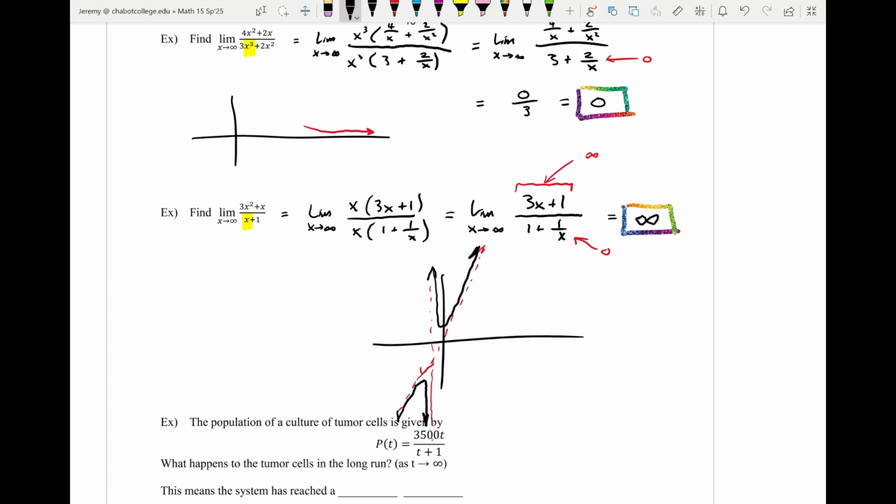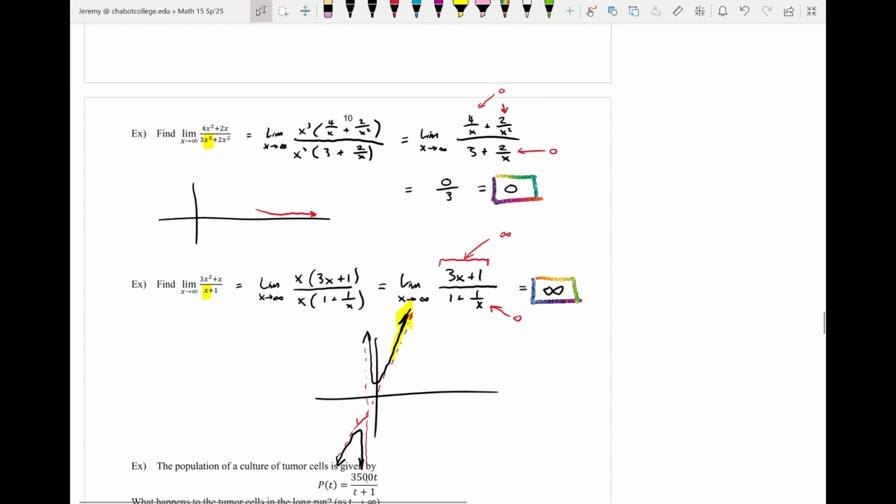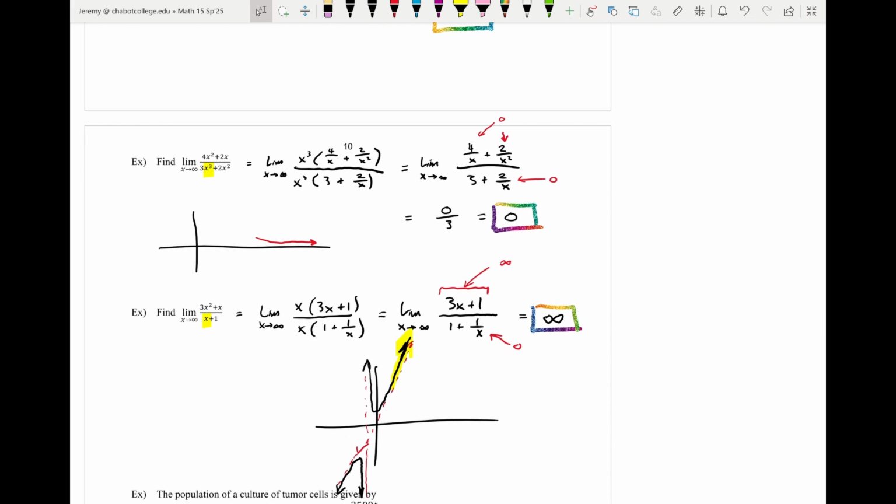Sorry, very, very crude sketch, but you probably remember seeing graphs of rational functions that look like this, where they have one vertical asymptote and one slant asymptote. That's what we're seeing here. So we can see as x goes to positive infinity, the end behavior is going to shoot up towards positive infinity, like that. Graphs are really helpful in verifying your answer for these infinite limits, just by looking at the graph and seeing what the end behavior looks like.